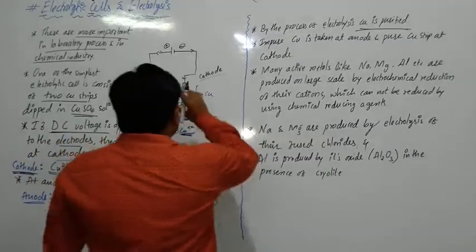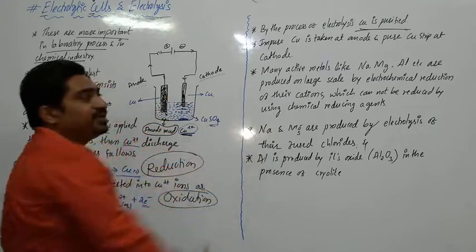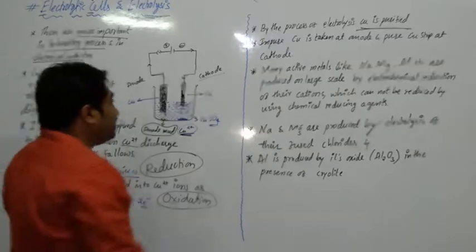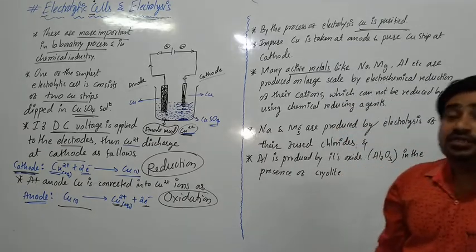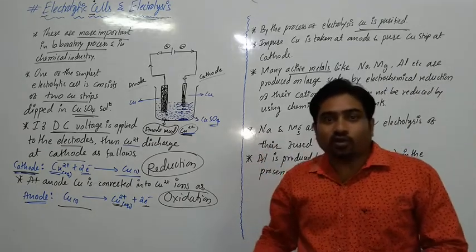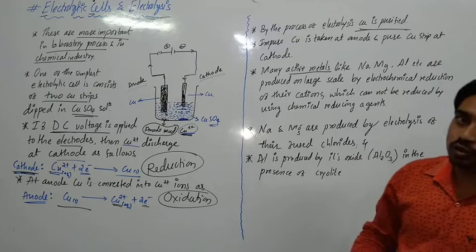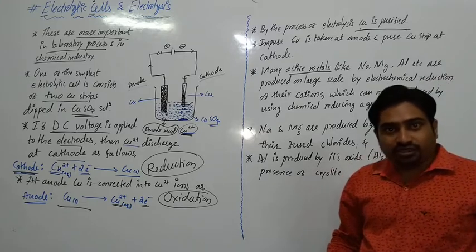Now not only copper, so many metals are purified by this method, and also many active metals. What do you mean by active metals? The metals which are more reactive are called active metals. Example: sodium, potassium, magnesium. Why?